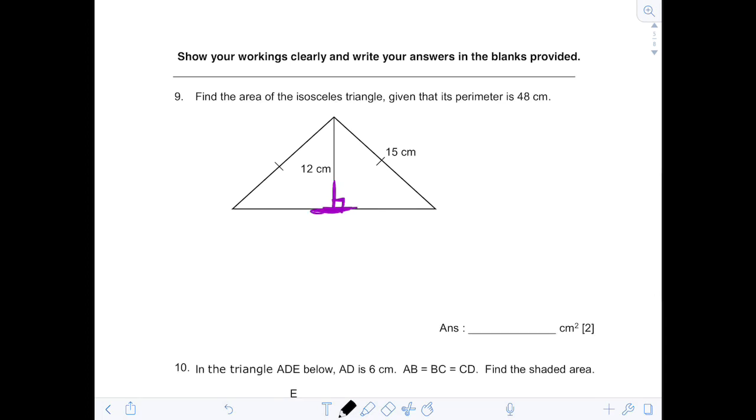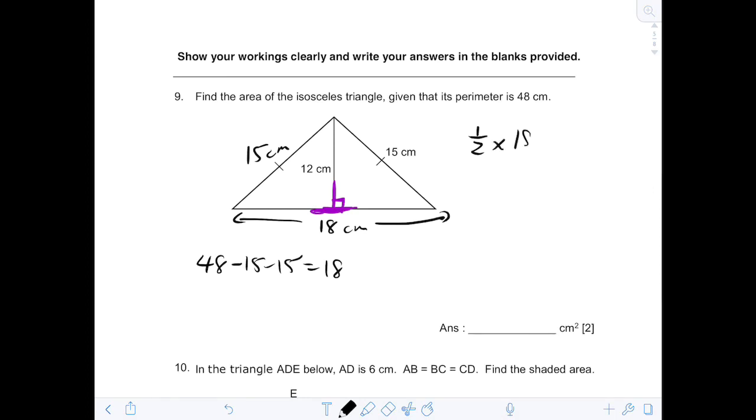So in this case, because it's an isosceles triangle, they already drew the equal length lines over there. If that is 15 cm, this has to be 15 cm. With these two as 15 cm, you know that the resulting base at the bottom will be 48 cm minus 15 minus 15. So you get 18 cm. Now if you know that this base is now 18 cm, and you know there's a right angle there, you have the height, just use the formula, half times 18 times 12.